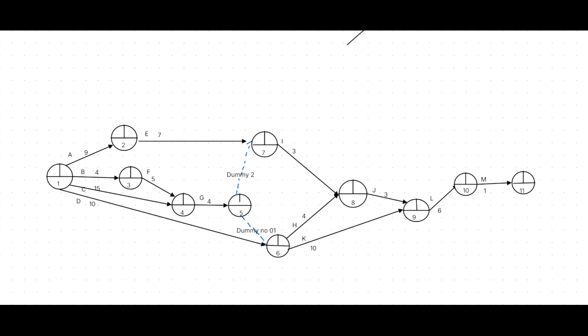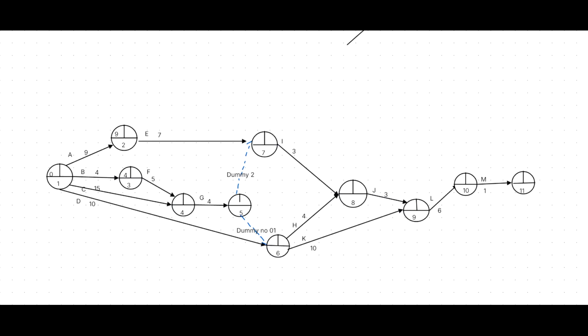Start from the event number 1, which should be 0. Plus A, 9. Then B, 4, so the third event should be 4. Then the fourth event, there are two paths via F and C. 0 plus 15, 15. 4 plus 5, 9.